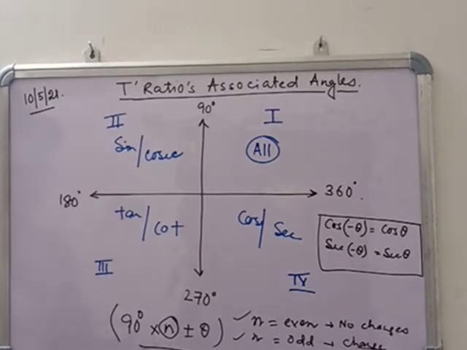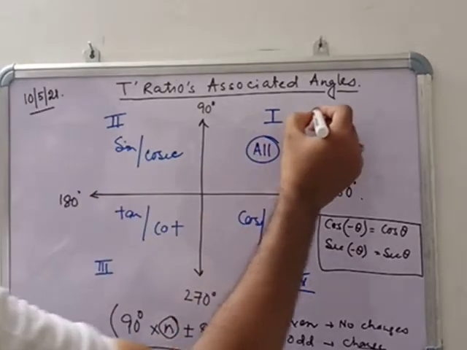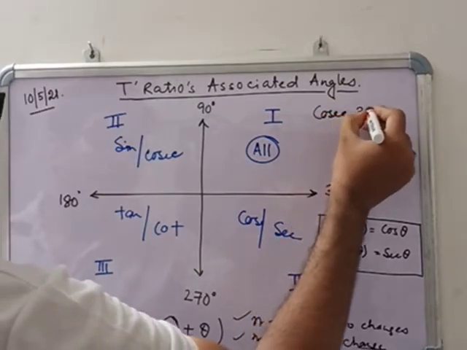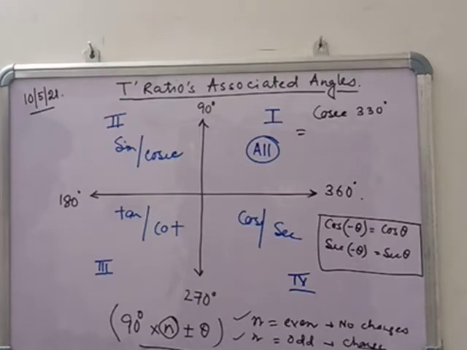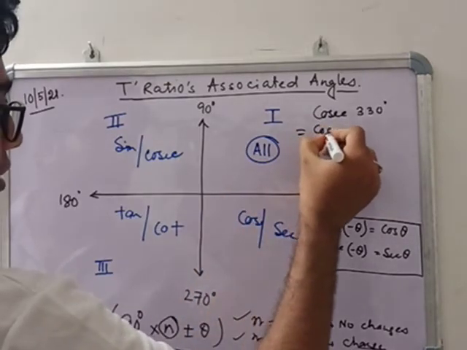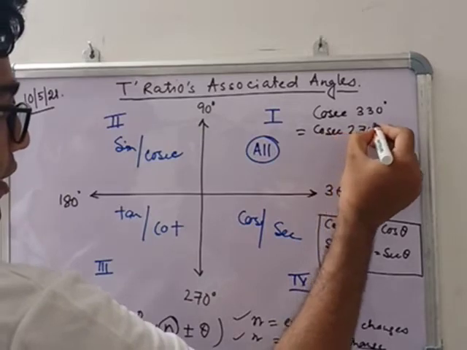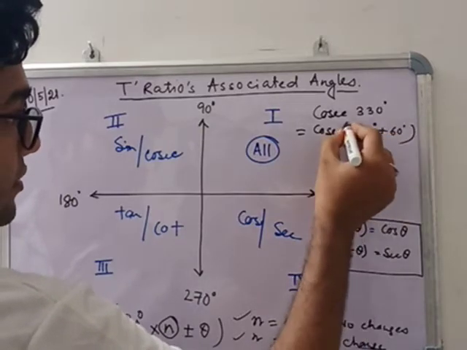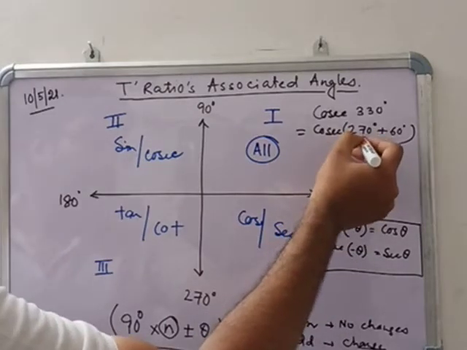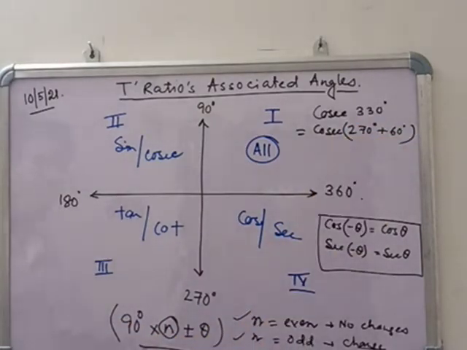For example, if I am writing cosec 330 degrees, we can write cosec of 270 degrees plus 60 degrees, right? Here 270 is 90 into 3, that means n is odd, so the function changes.